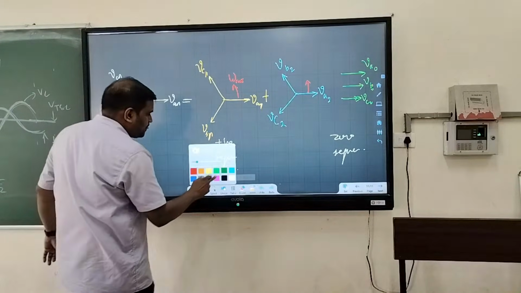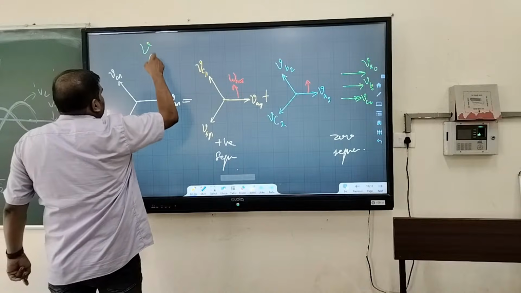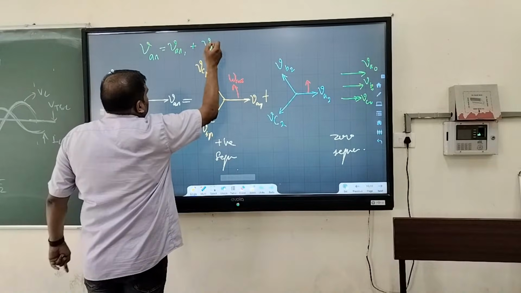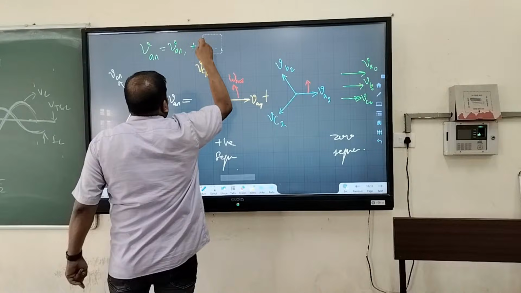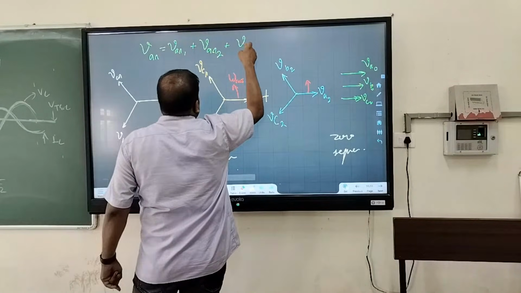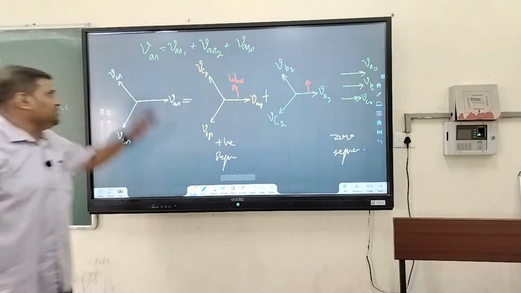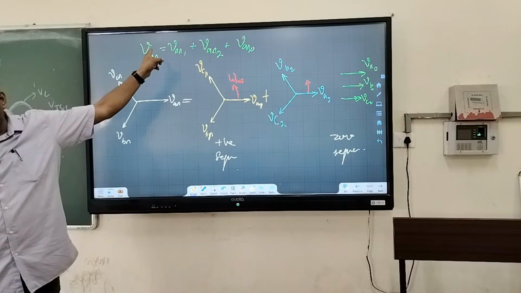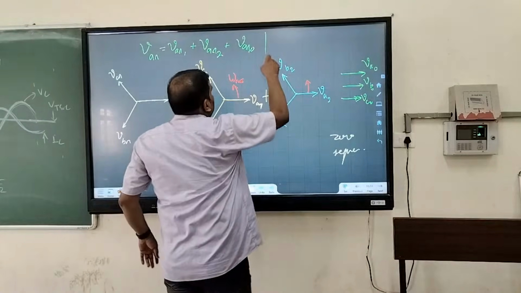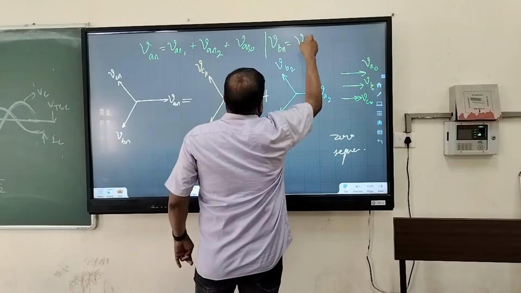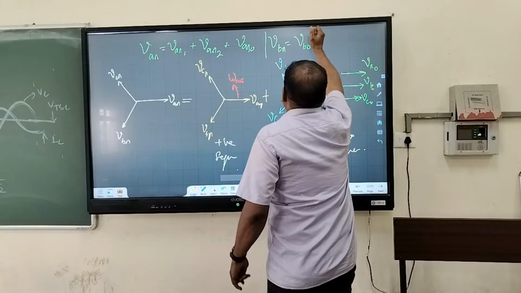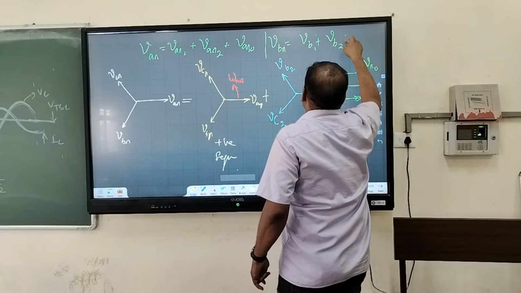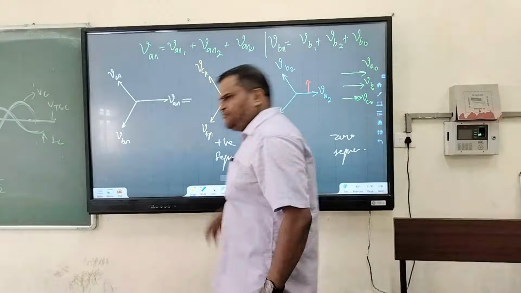The equation is VAN is equal to VAN1 plus VAN2 plus VAN0, and V1, VA1, VA2, VA0, मतलब तीनों को मिलाकर होता है हमारा VA, करेक्ट? इसी तरह हम बोल सकते हैं VBN is equal to VB1 plus VB2 plus VB0. Similarly, we can write for C also.